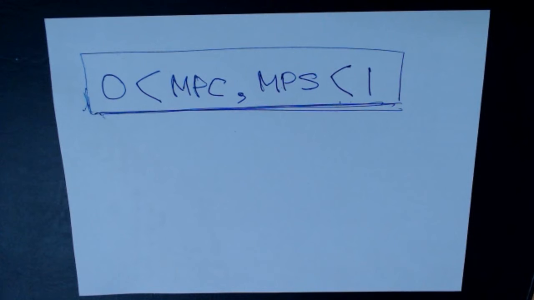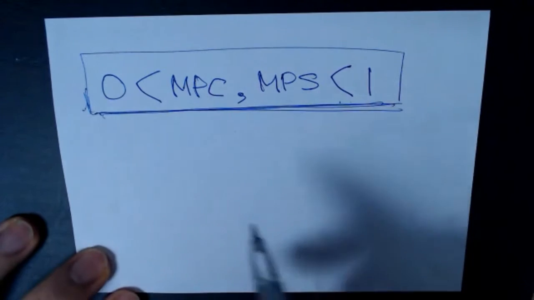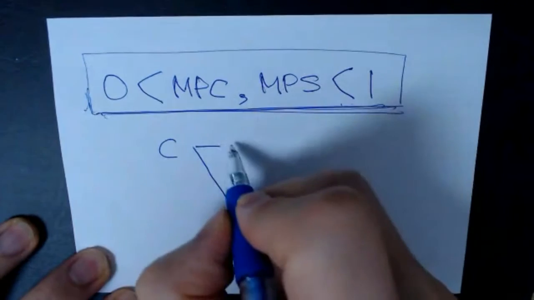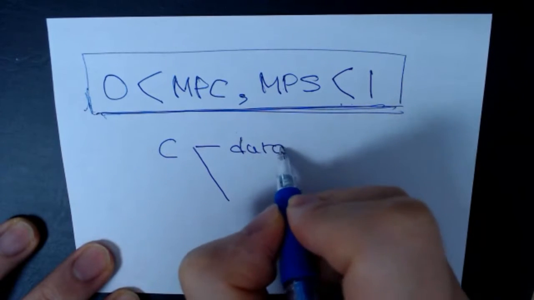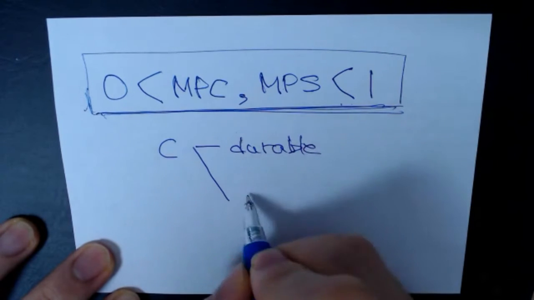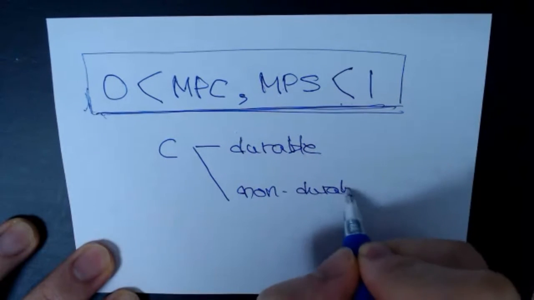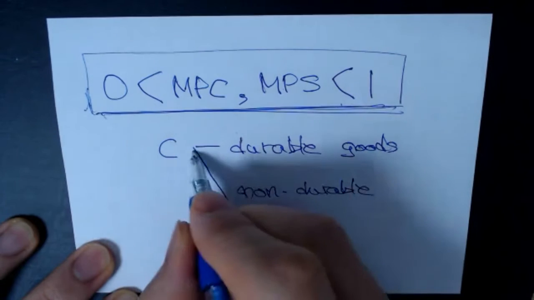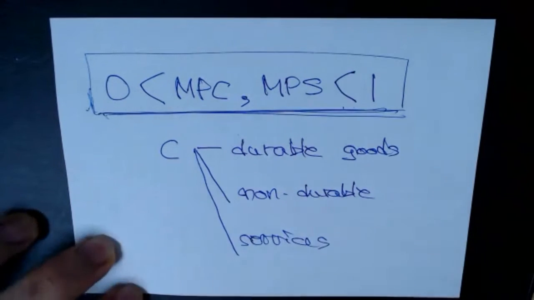So we introduced the idea about household consumption. Before moving on, I need to mention this: durable, non-durable goods.